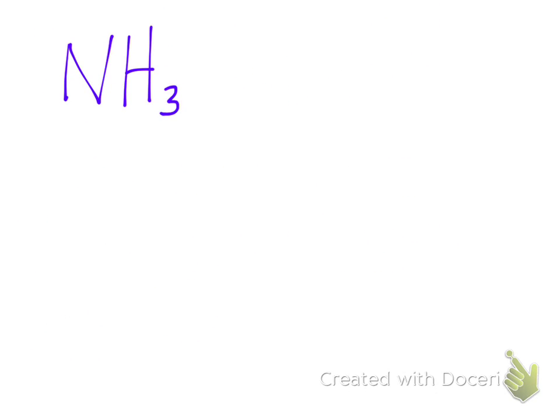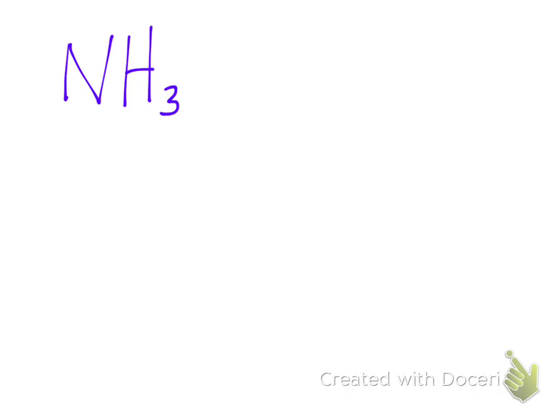All right, our first practice problem is going to be NH3. No charges yet. We're not going to deal with charges yet. Can anyone name this molecule? It doesn't have a charge. That makes a difference.